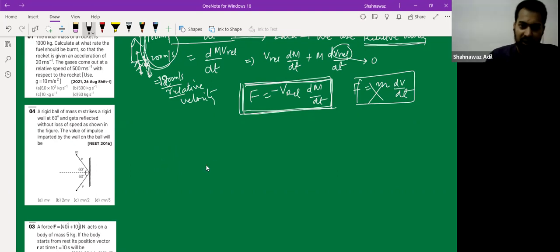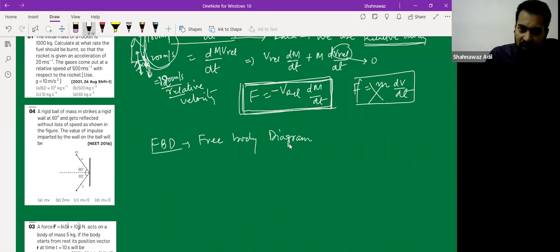Not that one. So the free body diagram is about the contribution of all the forces.